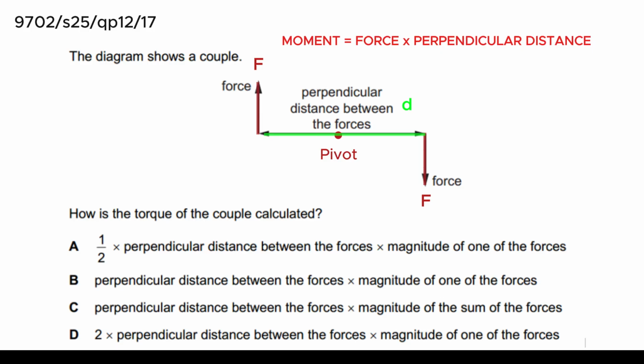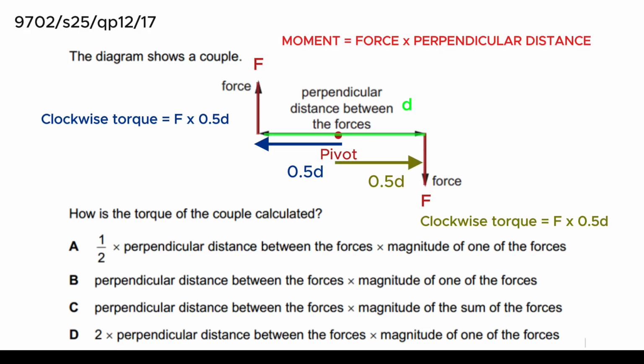For the left force, the perpendicular distance is half of the perpendicular distance d. So torque equals F times 0.5d, and it causes clockwise rotation. For the force on the right, the perpendicular distance is also 0.5d, so the torque equals force times 0.5d, and also in a clockwise direction.